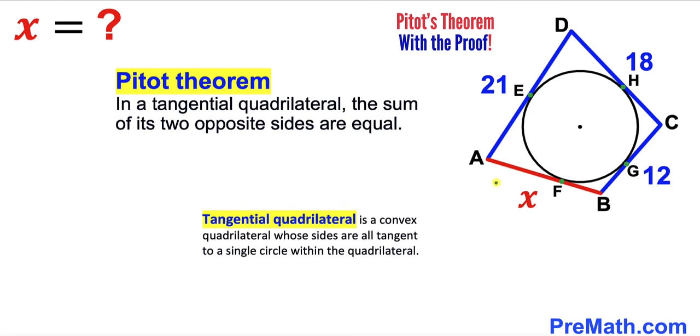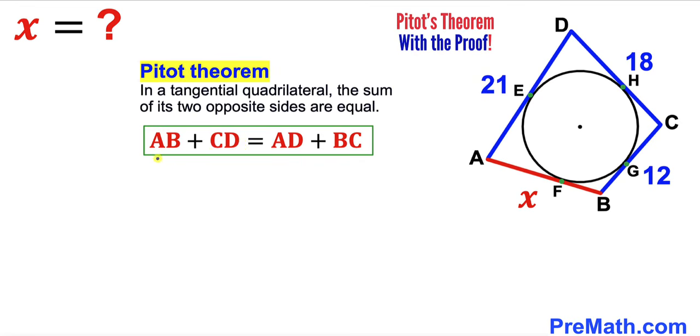In other words, mathematically, this side length AB plus this opposite side length CD must be equal to this side length AD plus this other opposite side length BC. Therefore, our Pitot's formula is AB plus CD is always going to be equal to AD plus BC for this tangential quadrilateral.